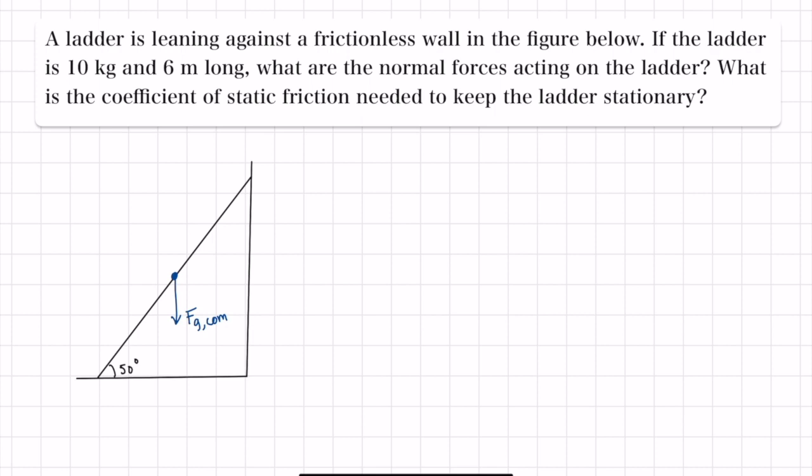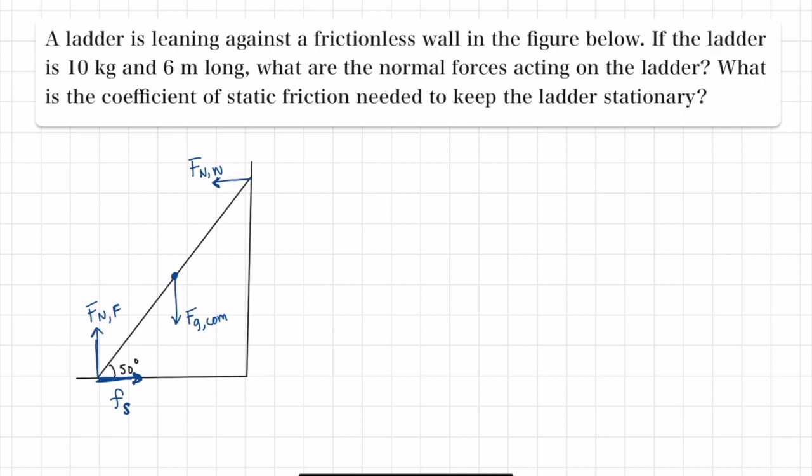We'll have a normal force from the wall, so Fnw. We'll have a normal force from the floor, Fnf, and then we will also have static friction pointing to the right, little fs, from the floor.